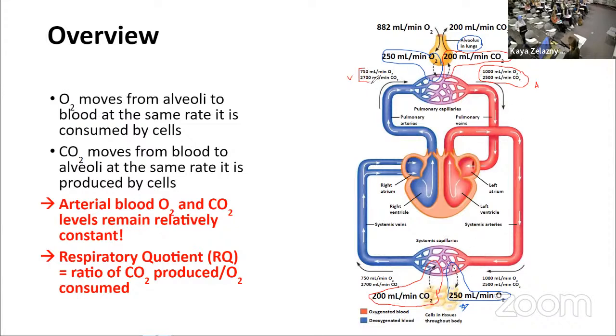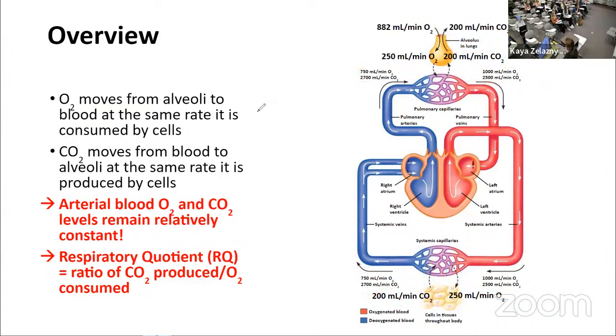Our carbon dioxide will be higher because we gave off our waste products and are sending those out to the lungs. But this does mean that any of our organs coming off the side of the system, any tissue out in the body, should expect a certain amount of oxygen, that 1,000 milliliters per minute if it's getting fresh arterial blood. And it's going to expect a certain amount of carbon dioxide that it can then jack up as it gives up its additional waste product, carbon dioxide.